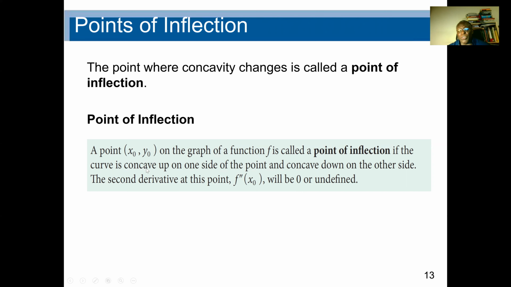So this means a point of inflection is the point where the graph changes from concave up to down or down to up. We still take the second derivative at this point, and it will always be 0 or undefined.